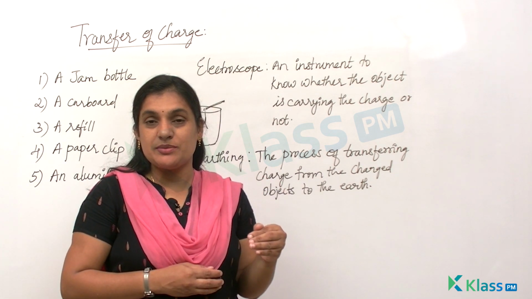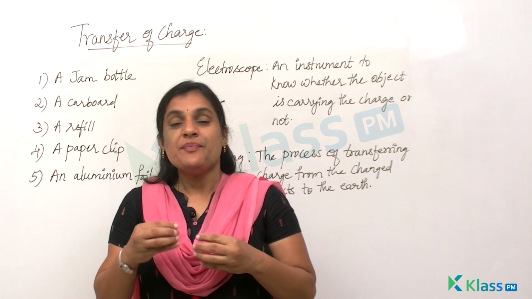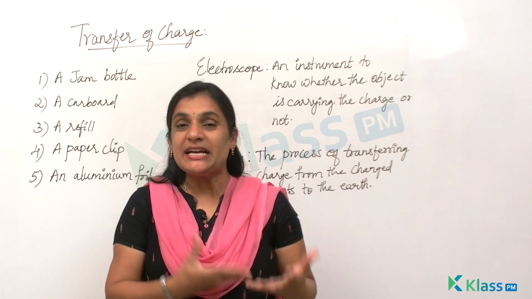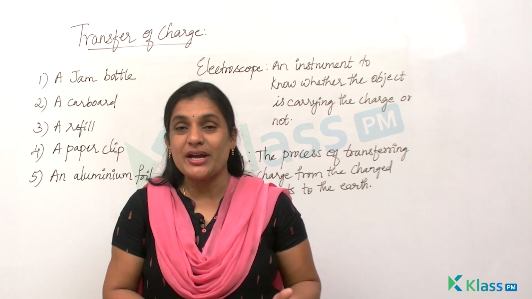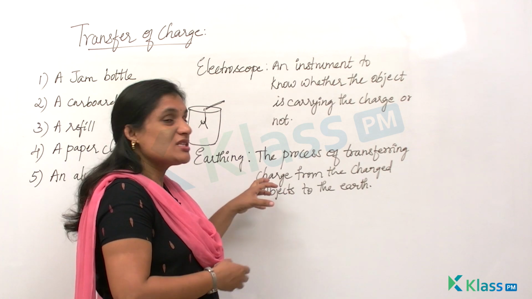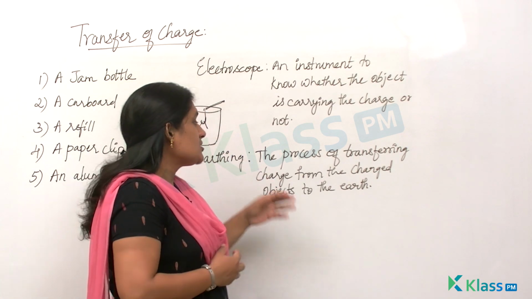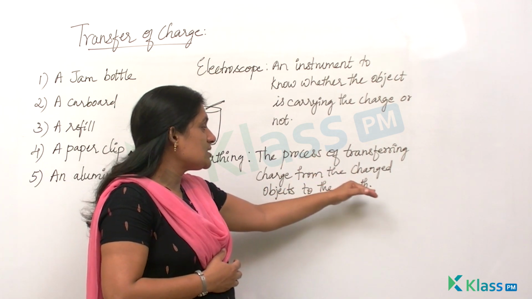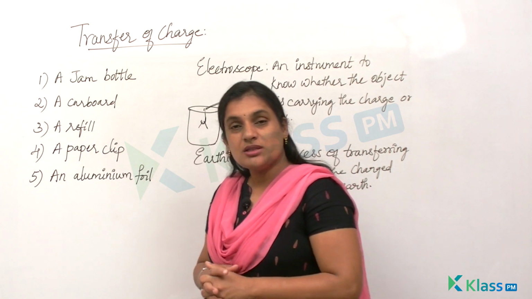When you touch the paper clips with your hand, they get repelled or attracted, because the charge from your body is making the paper clip lose its charge. That means it is discharging. The process of transferring charge from a charged body to the earth is said to be earthing.